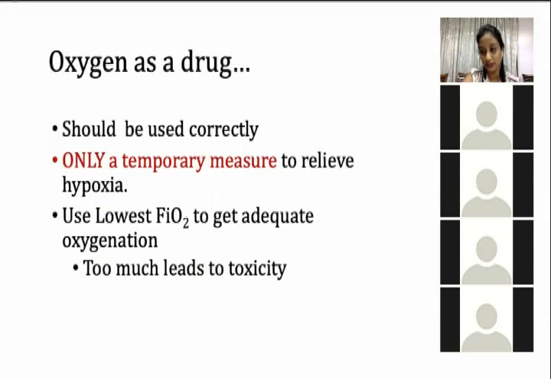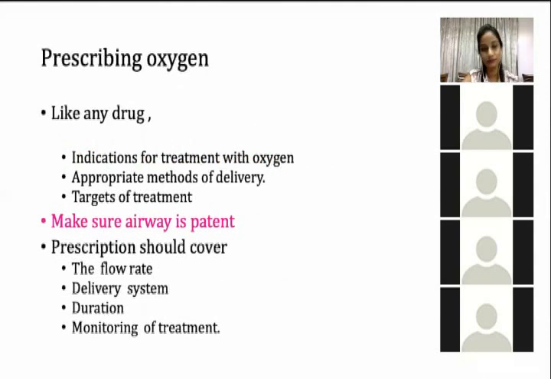You are giving it to relieve a patient from hypoxia, or to a patient who has a high demand of oxygen to prevent hypoxia. So if you give too little, again, it is not going to be effective. So, like any other drug, when you give it, you need to consider the indication and the method, and above all, you need to have some target set. Got it?